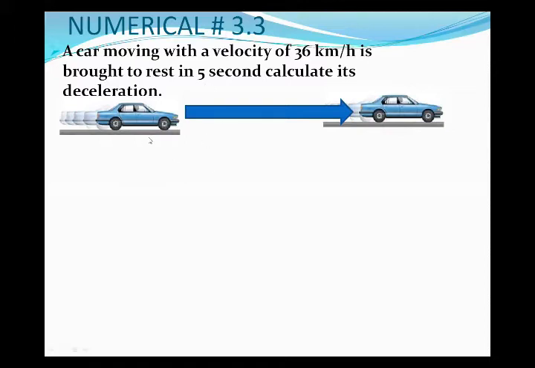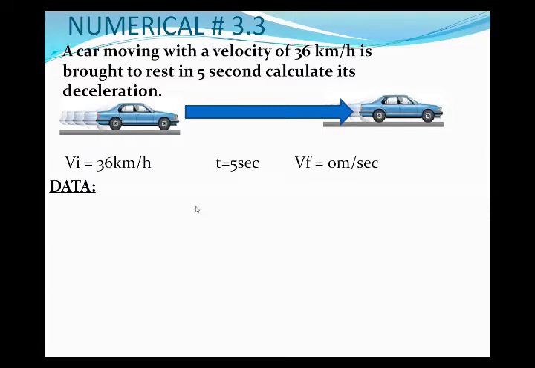So we have to find the deceleration. In the previous class, I told you that deceleration means when the object comes to rest, the acceleration decreases and becomes negative. So the initial velocity of the car is 36 km per hour, time taken is 5 seconds, and the final velocity is 0 meter per second.